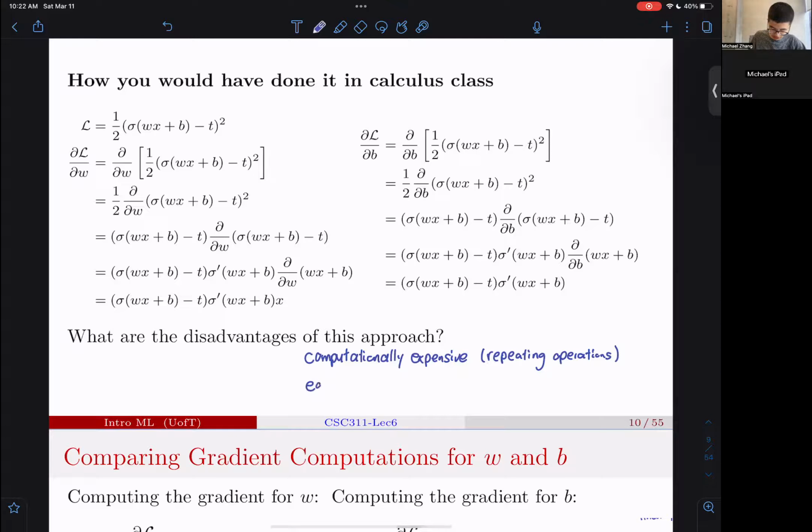It's complicated, and this seems like something that's challenging to actually implement in code. So the advantage of the backpropagation algorithm is it's going to fix both of these potential pitfalls. It's going to be relatively cheap to run, and also each of the nodes is stored nicely in variable form. So if you were to implement it in code, it's harder to make a mistake. You still do have to be careful, though.